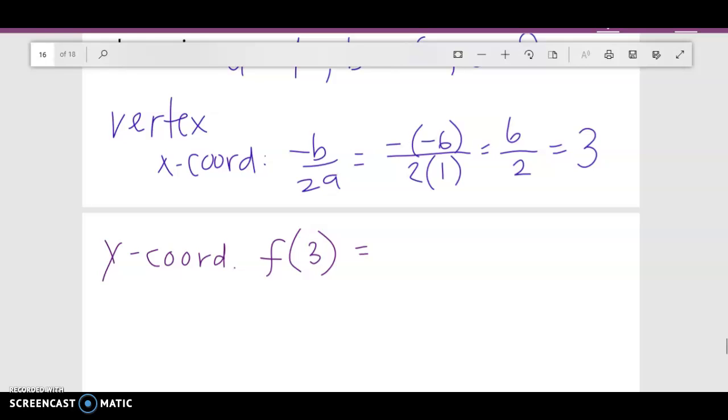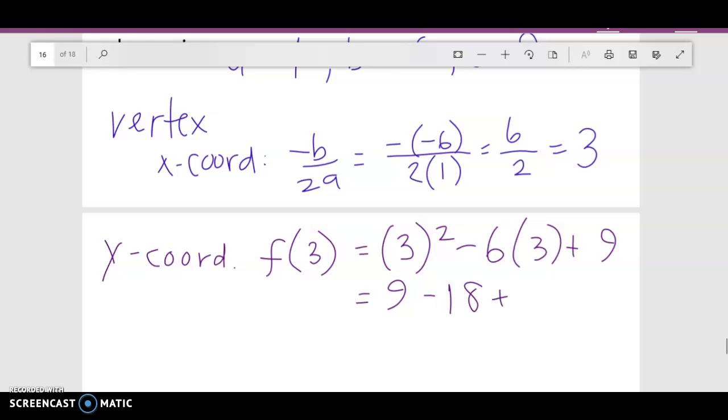I have x squared, so 3 squared minus 6 times 3 plus 9. 3 squared is 9. -6 times 3 is -18 plus 9. Okay, so I have 9 minus 18 is -9 plus 9 is 0. Okay, so the y-coordinate is 0. So that means that my vertex is (3, 0).